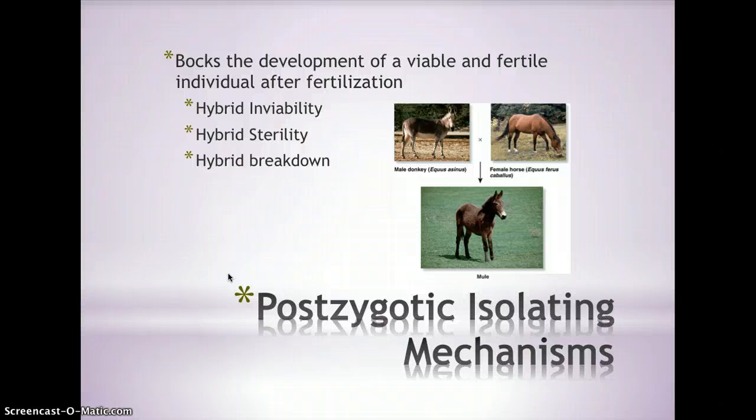So overall, the mule is going to get 63 chromosomes, which is an odd number. And we know that when cells want to replicate, the chromosomes need to pair up. And how are you going to pair up an odd number of chromosomes? It doesn't really work well, so it's not going to be able to reproduce in that way.